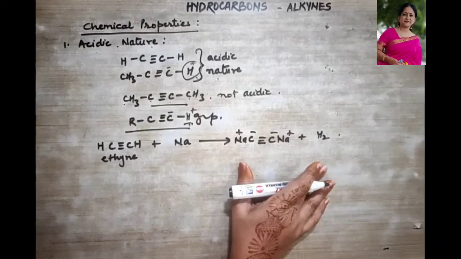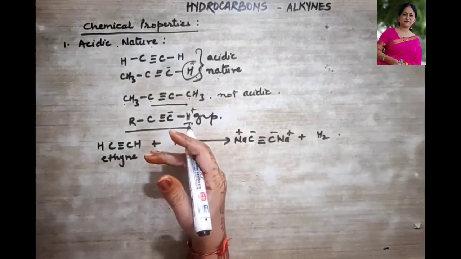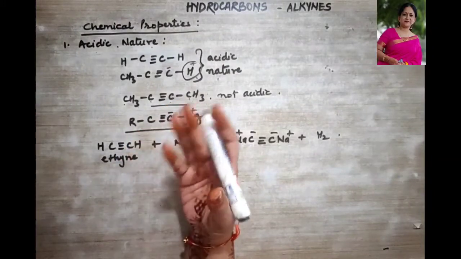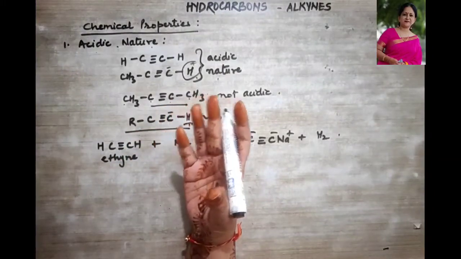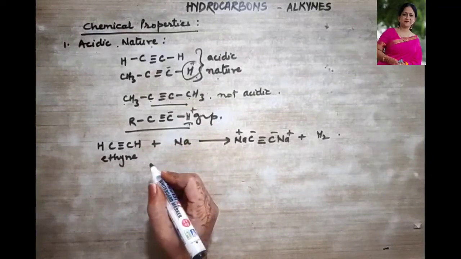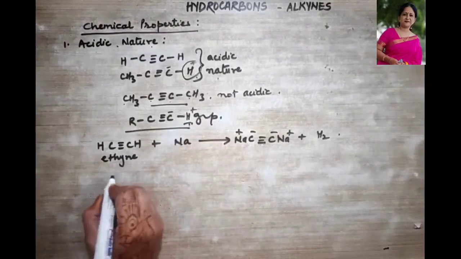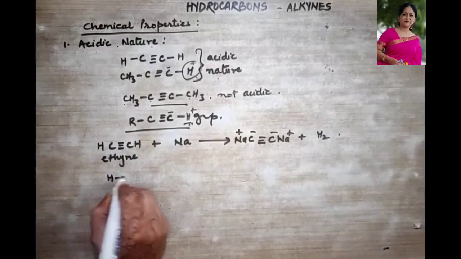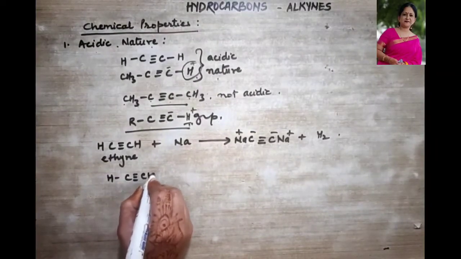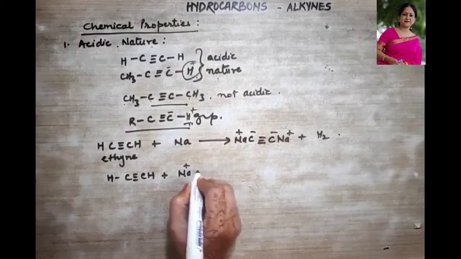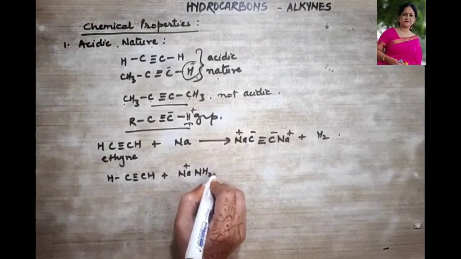Clear? Now, ethyne also reacts with some basic substances and there also it shows acidic nature. So let us see some of the basic substances, like for example sodamide, right? So let's take an example of ethyne when treated with sodamide, that is NaNH2.